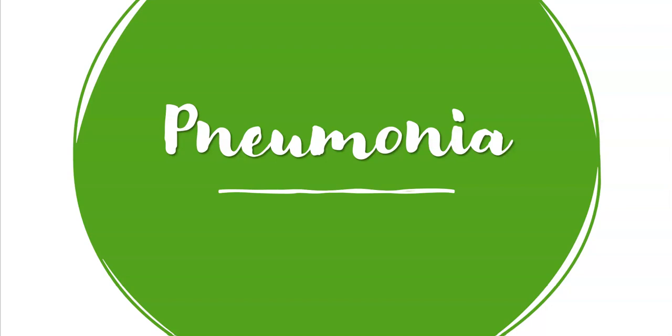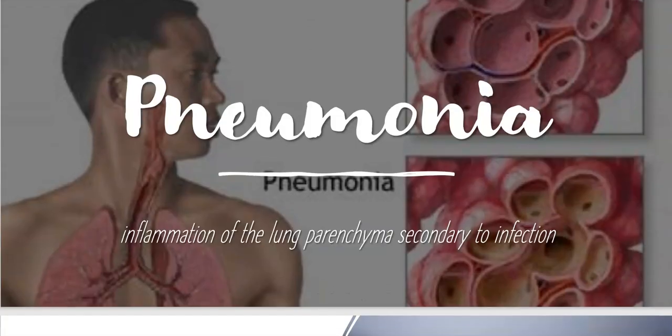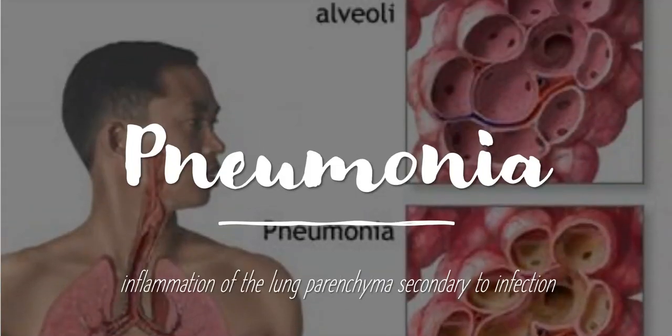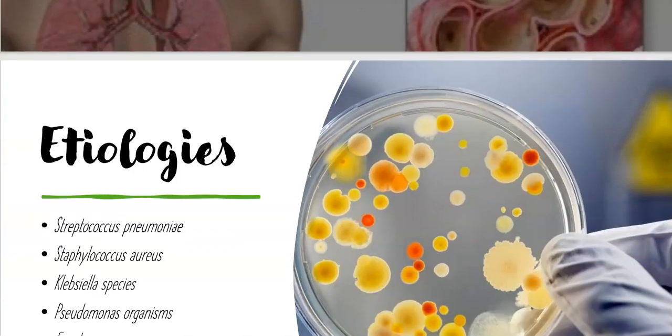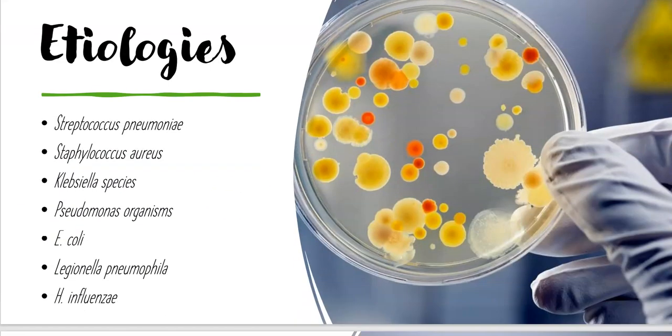Pneumonia, basically, is an infectious process. It is the inflammation of the lung parenchyma secondary to infection. We have different causative agents for this one, and the list is as follows. Sobrang dami. Sa sobrang dami, hindi mo mabilang-bilang kung gaano kadami yung possibilities for having your pneumonia.